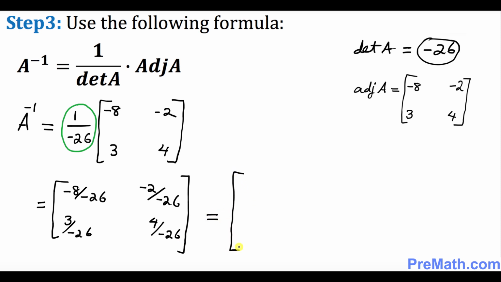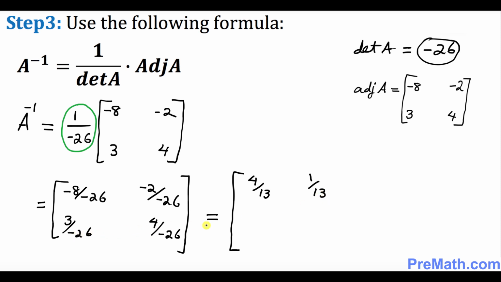Let's go ahead and simplify these fractions. So that is going to give us simply, when you have negative and negative, they are gone. So 8 over 26 could be written as 4 over 13. Once again these negative and negative are gone. This is going to become 1 over 13.